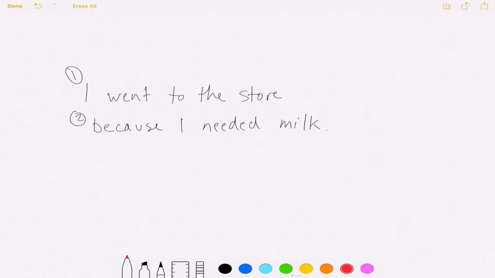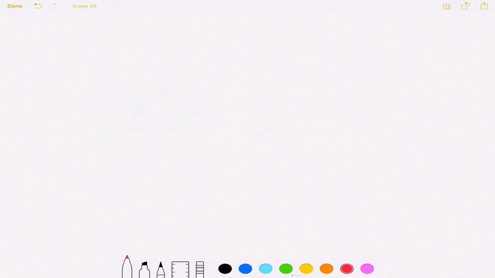This particular dependent clause is marked with a subordinating conjunction, and then a subject and a verb that go along with it. Now the question is, how would we diagram this? It's actually fairly simple. The best way to think of this is as two sentences that are going to be joined by a particular structure. Let me clear the decks and show you how this would work. Let's diagram the first sentence, the simple sentence.